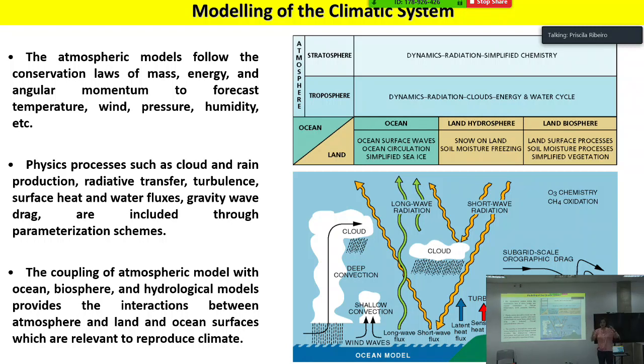They have to be connected, and our equations are based on conservation of mass, energy, and water. Everything is a closed system. Several processes occur in a model, like cloud, turbulence, precipitation, radiation, radiative fluxes. So everything is connected.